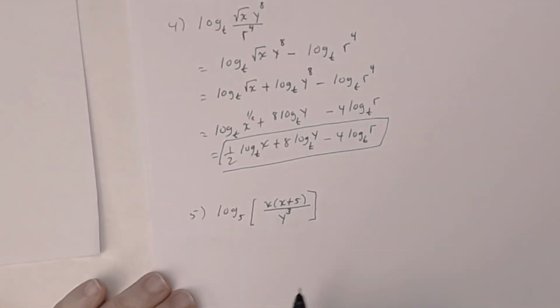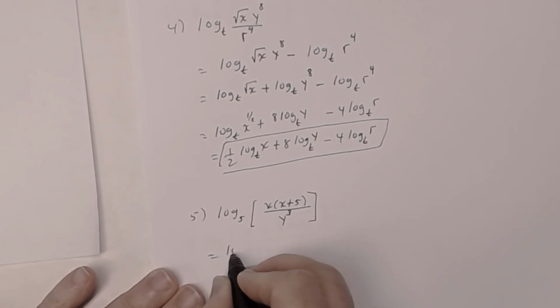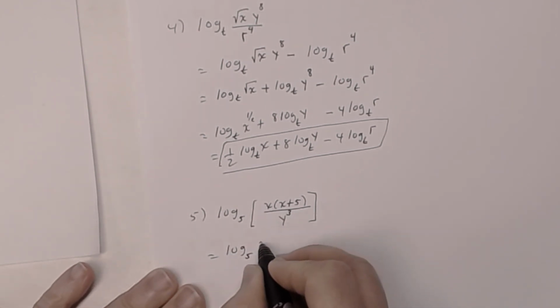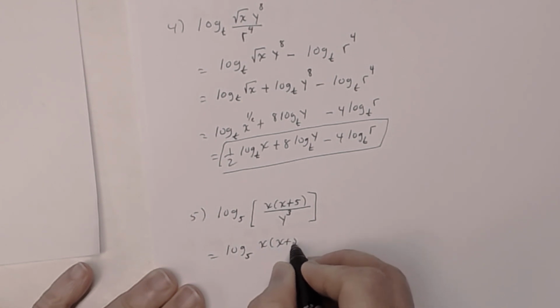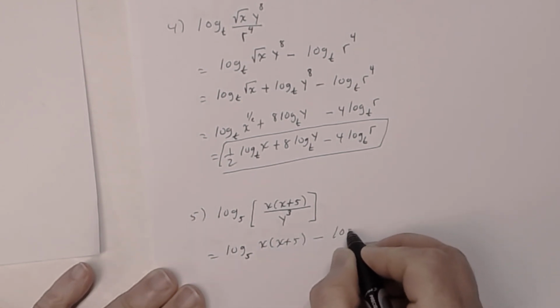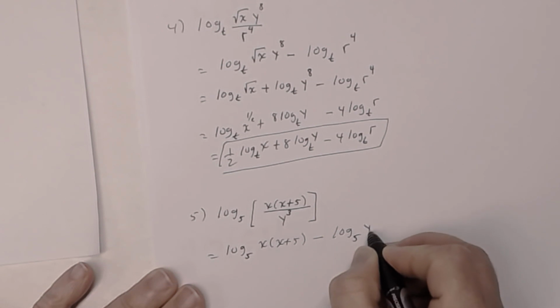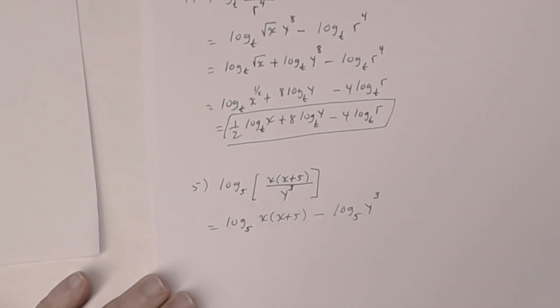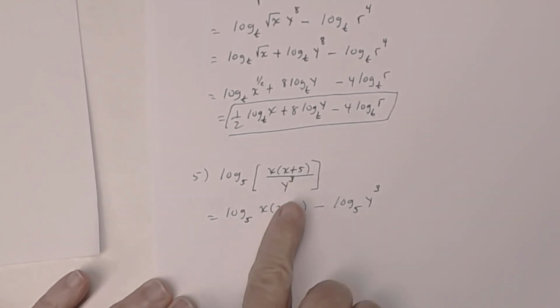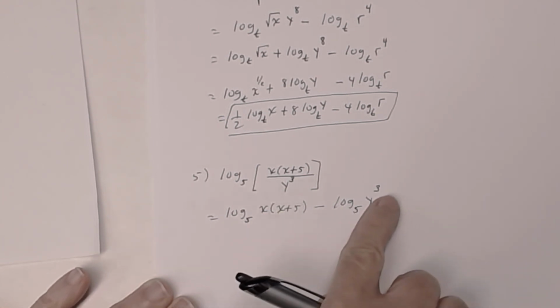So let's use the quotient rule first. So that's going to be the log base 5 of the numerator minus the log base 5 of the denominator. So the log of a quotient I can write as a difference of logarithms. So the log of the numerator minus the log of the denominator.